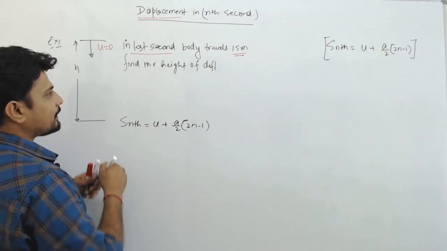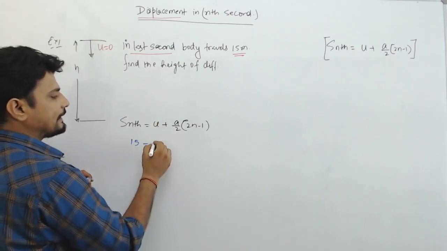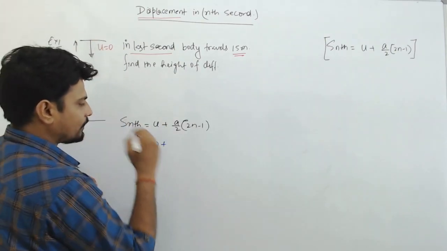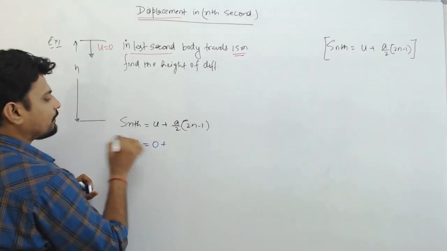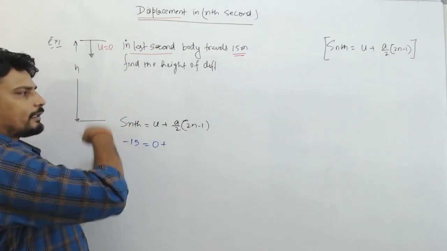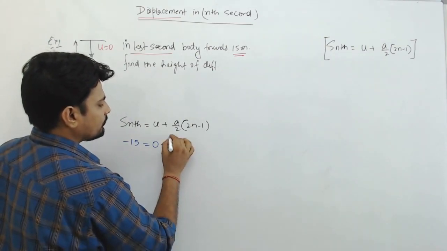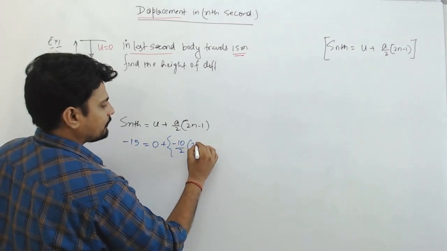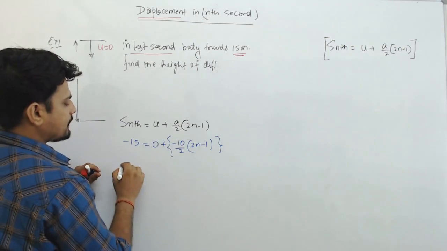How much is displacement in the last second? 15. What is the initial velocity? 0. What is the acceleration due to gravity? So when you write negative over here, make sure you do write minus. The reason being, it's traveling in the downward direction. Right? So if you write negative 10 upon 2, make sure to put the bracket, and we have 2n minus 1. Alright then.